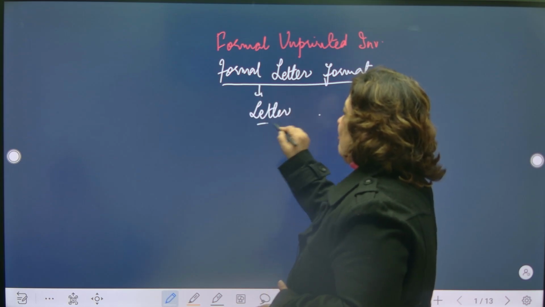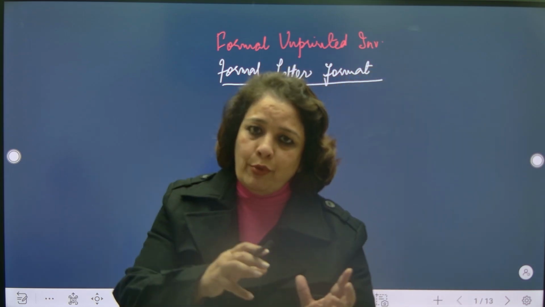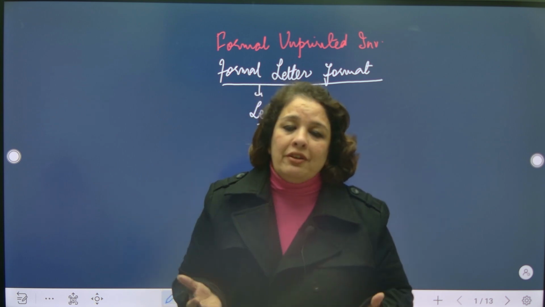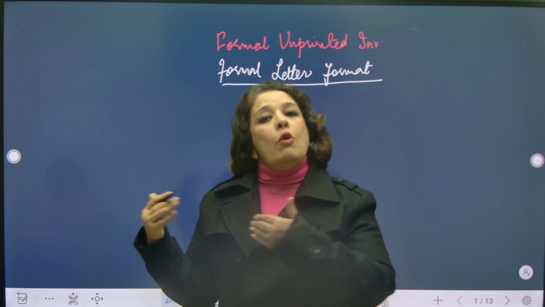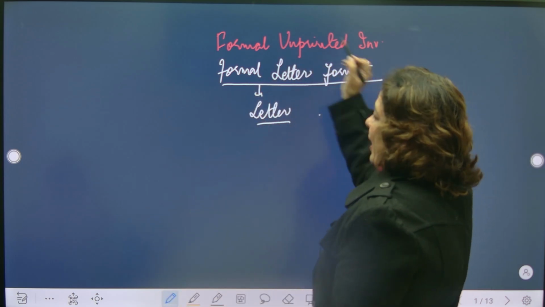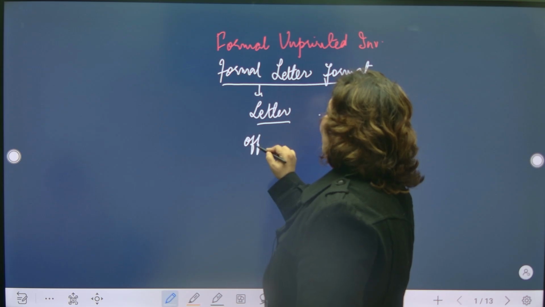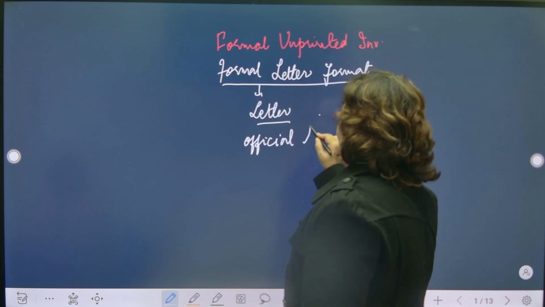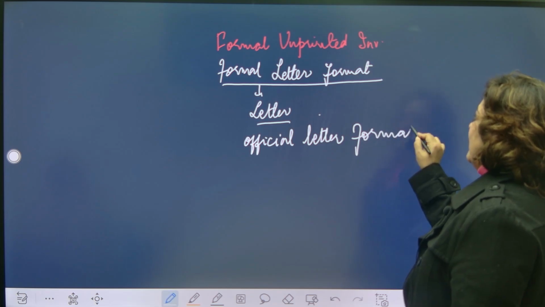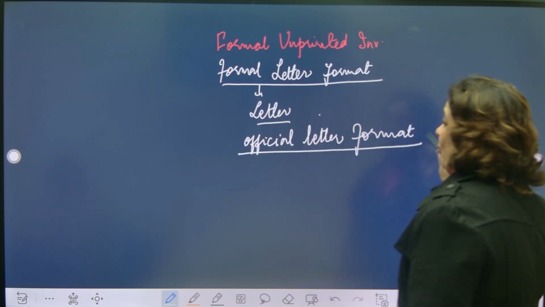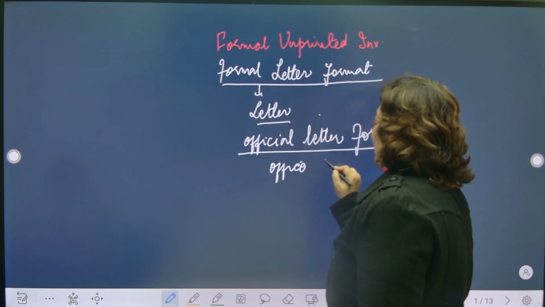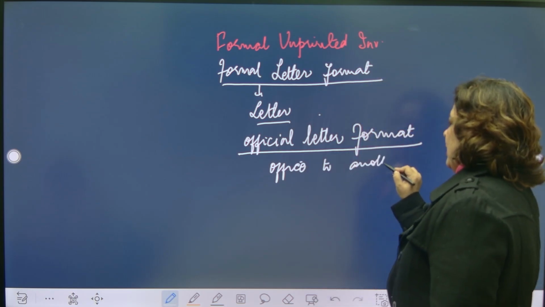Whenever we are inviting, it goes from one post to another post. It does not go individually. It is an official invitation. So the invitation goes officially only. When you talk about this formal letter format, or you can say official letter format, both are correct. Whenever you are doing official letter format, remember, it goes from one office to another office.